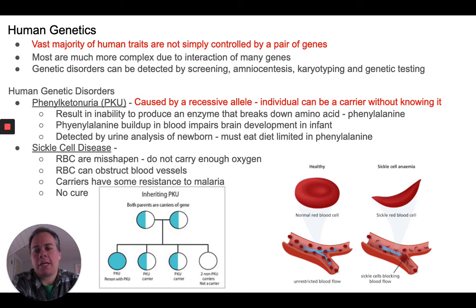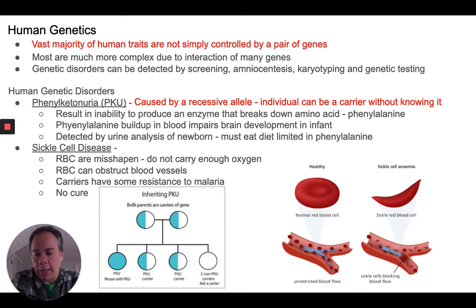It can be detected using genetic testing, but also can be detected traditionally by analyzing the urine of a newborn. And if a person does have PKU, they have to eat a very strict diet in which they don't eat this amino acid phenylalanine, because they have no way of breaking it down.